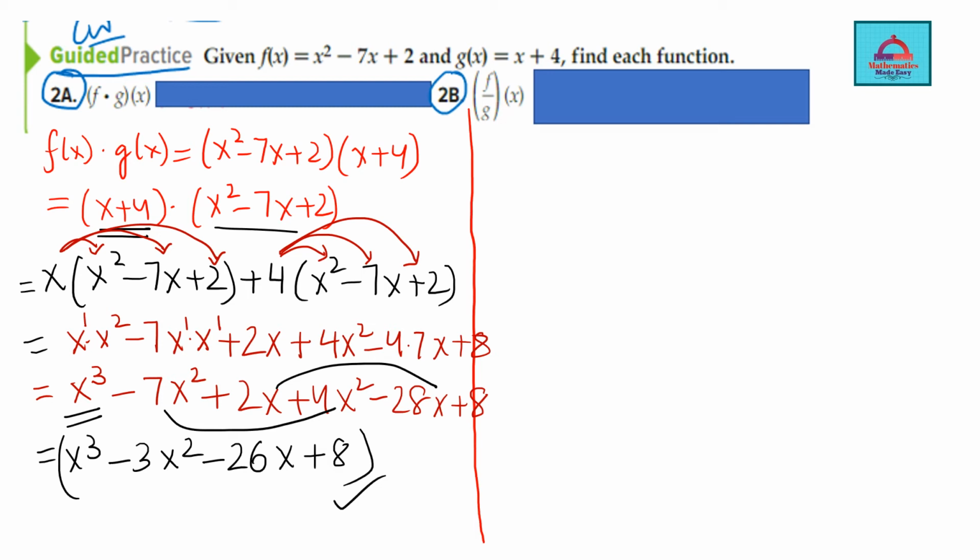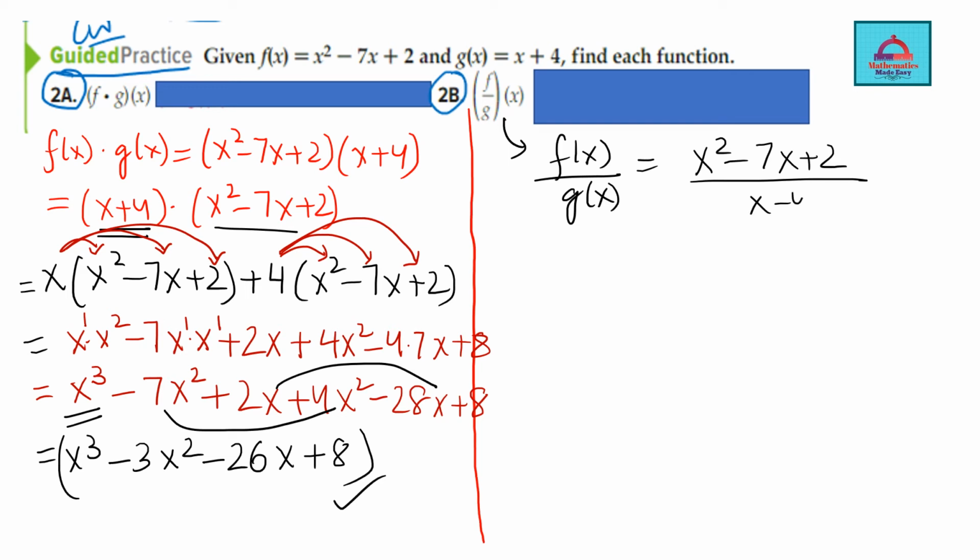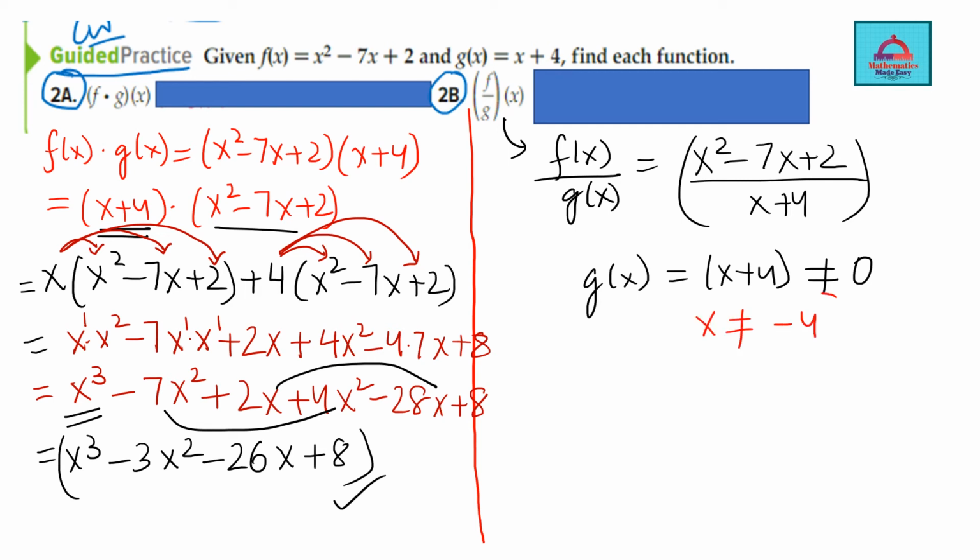Now let's proceed to division. In division, you will have a restriction on the domain. So f of x divided by g of x, you write the function, just put the value. And what is the restriction? The denominator cannot be 0. So g of x equal to x plus 4 cannot be 0. So what is that value of x? So x cannot be equal to minus 4.